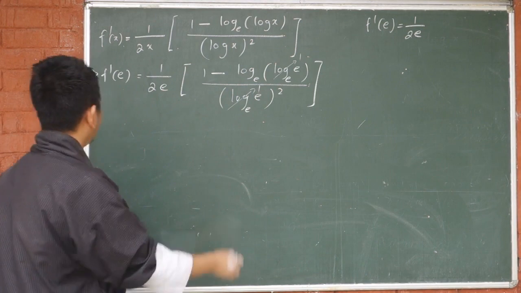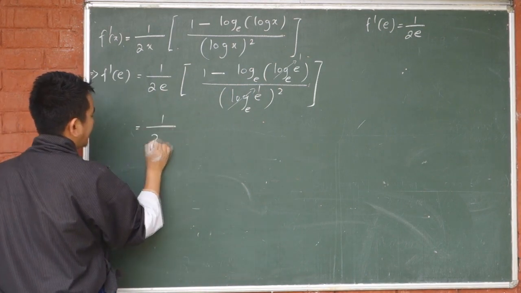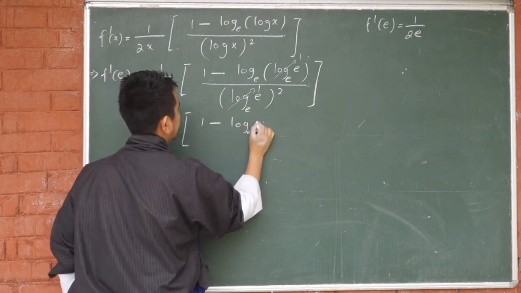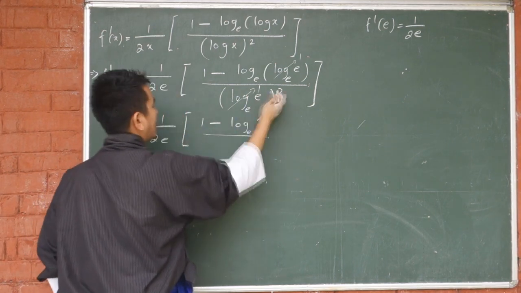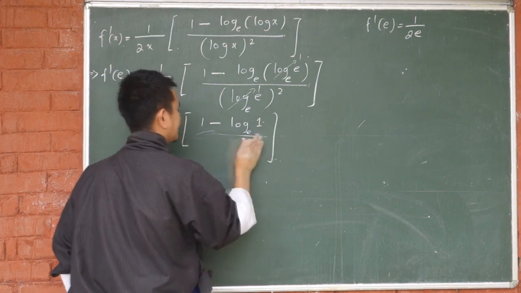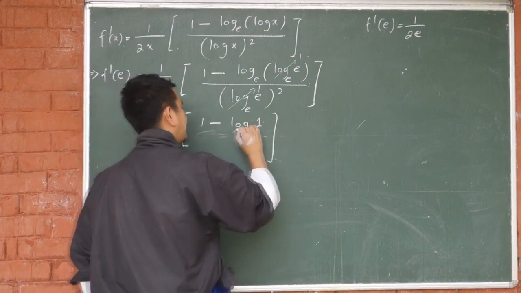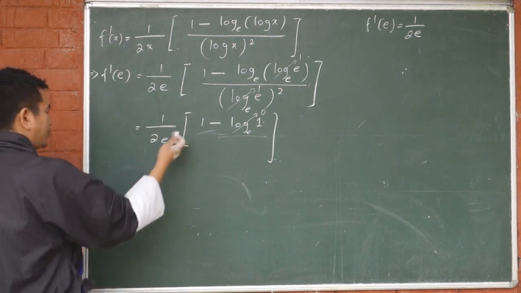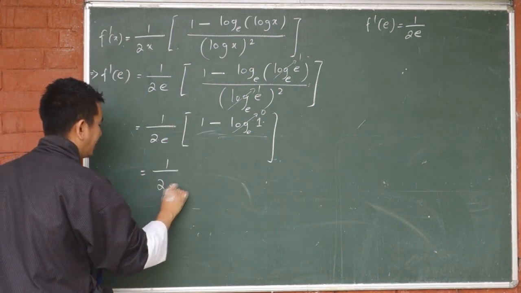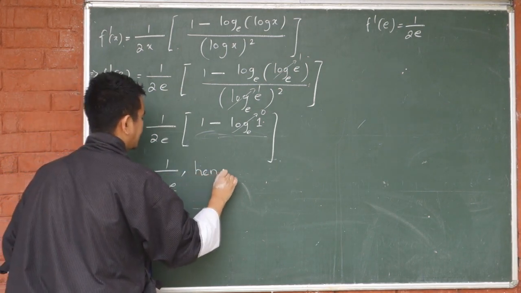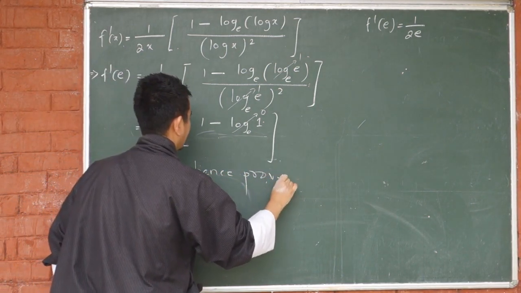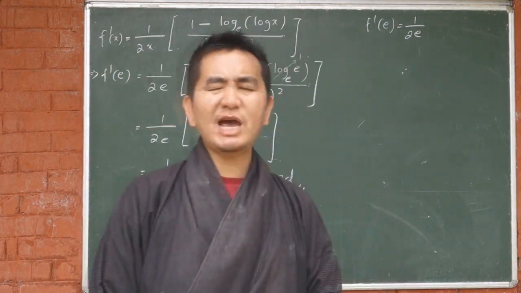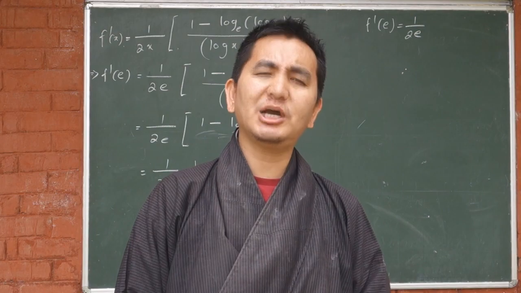It turns to 1, which is equivalent to 1 by 2e. Then we have 1 minus log to the base e of 1 divided by 1 squared, which is 1. So what's log to the base e of 1? It is equivalent to 0. Which means we have here 1, which is 1 by 2e. Hence proved. So logarithmic differentiation is over. In the next video lesson, we will start with exponential differentiation.